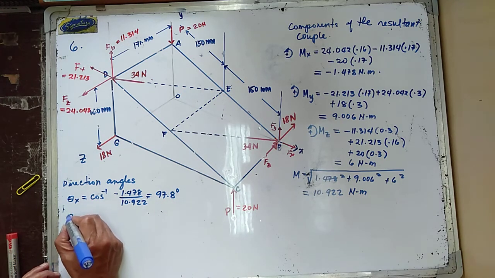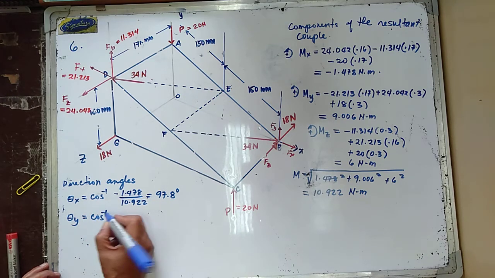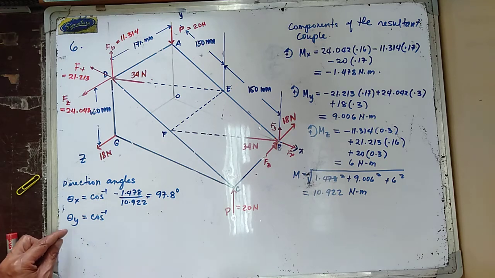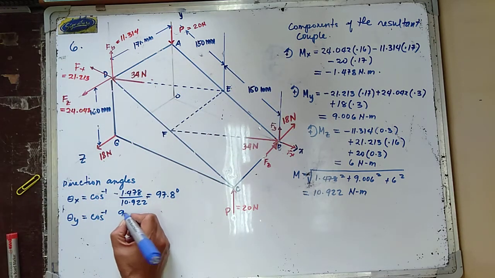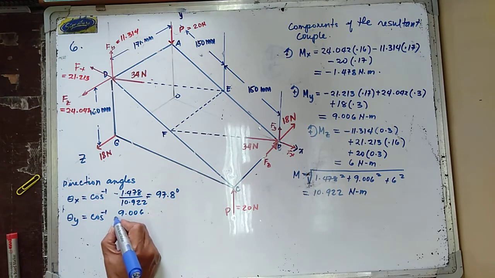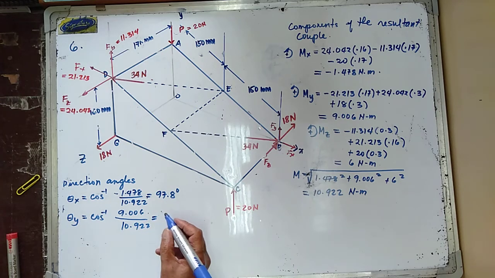Your theta y is equal to the arc cosine of My, which is 9.006 over 10.922, so that is equal to 34.5 degrees.